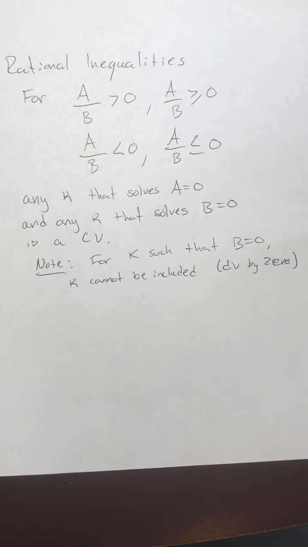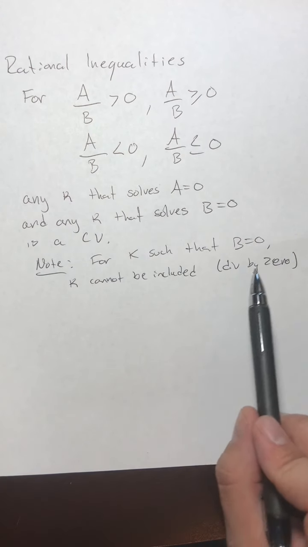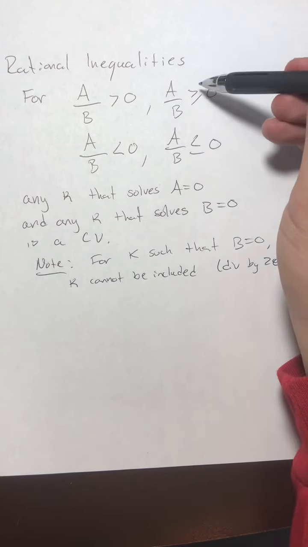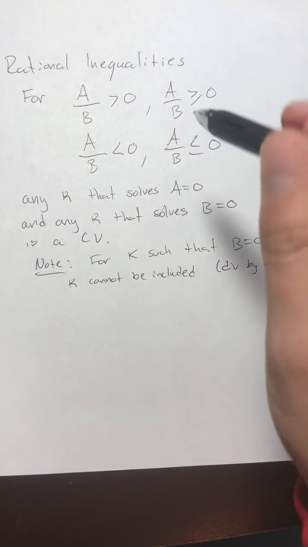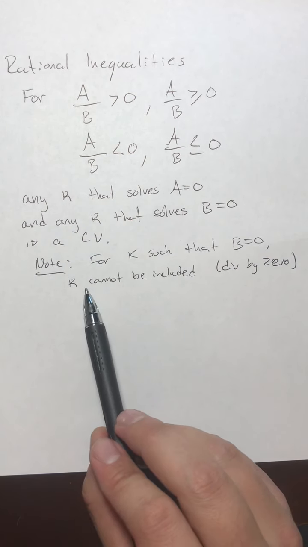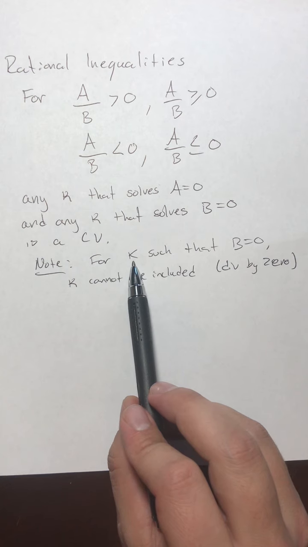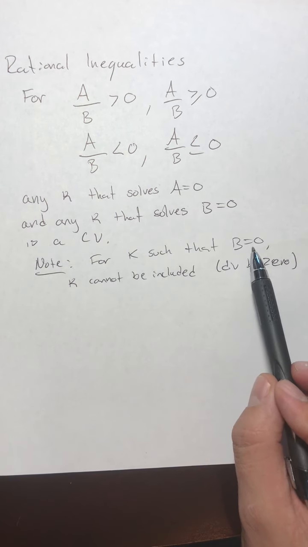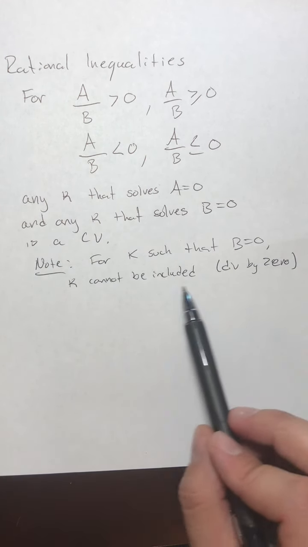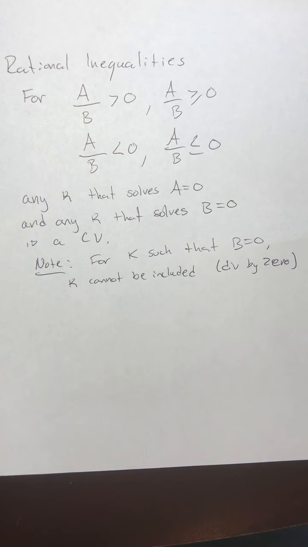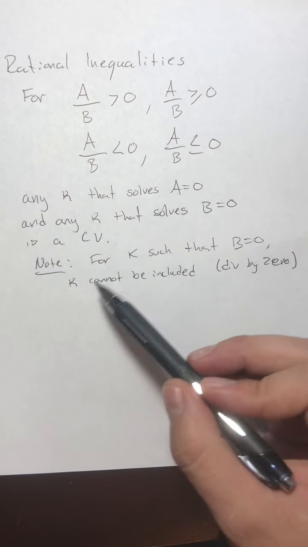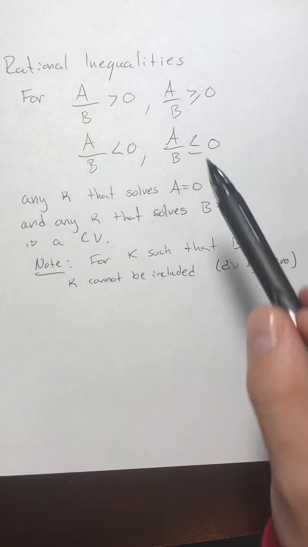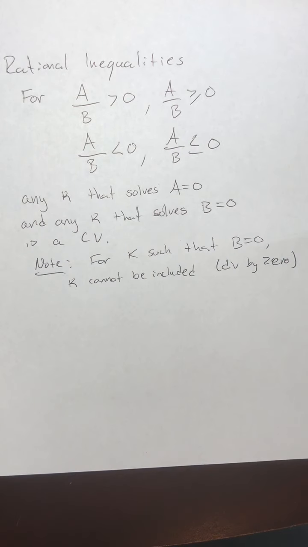is a critical value. Quick side note, even if it's greater than or equal to 0 or less than or equal to 0, the solution to the denominator set equal to 0 cannot be included. So we're always going to be using a parentheses in the interval notation next to the value that solves denominator equal to 0.